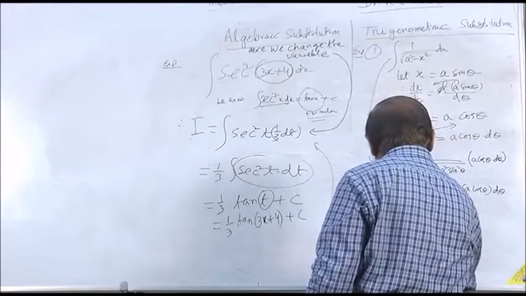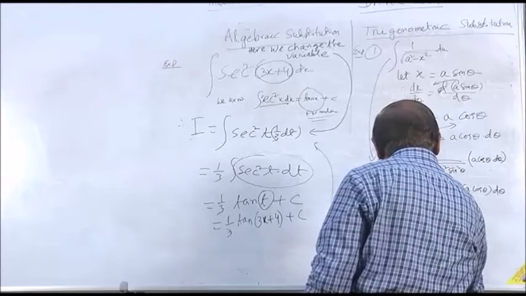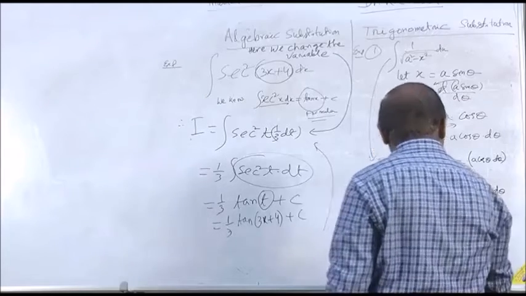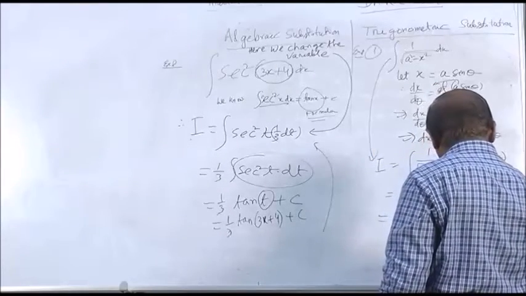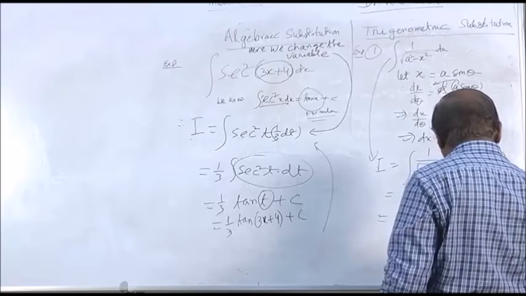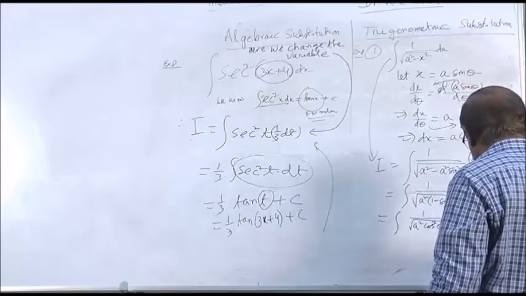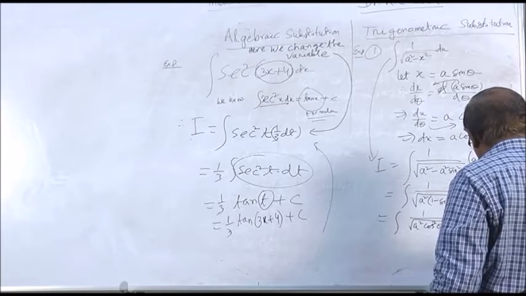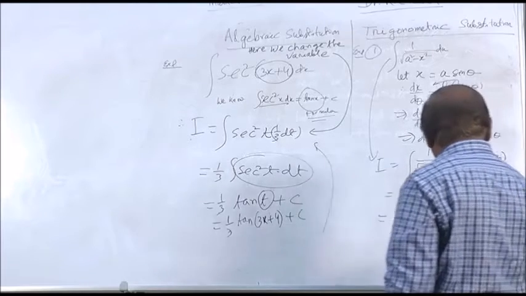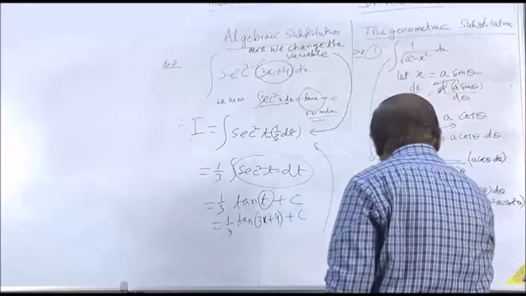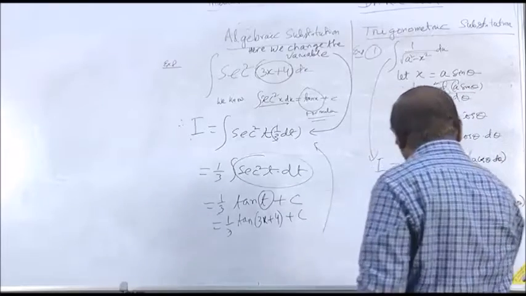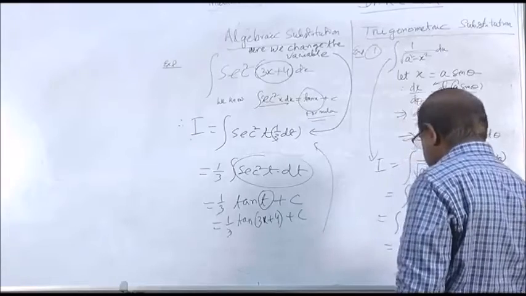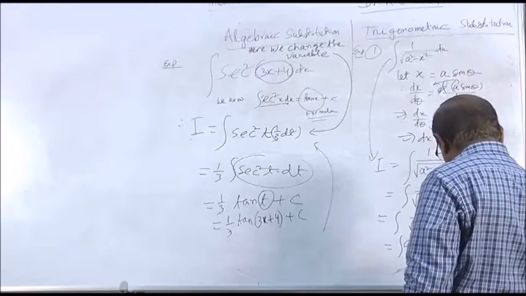That is equal to a square cos square theta root into a cos theta d theta, because 1 minus sin square theta is cos square theta. So this cancels, and we only remain with integral of d theta, which is equal to theta plus c.